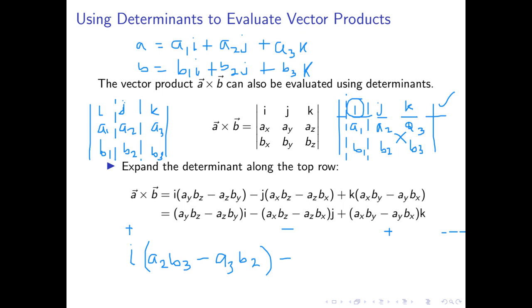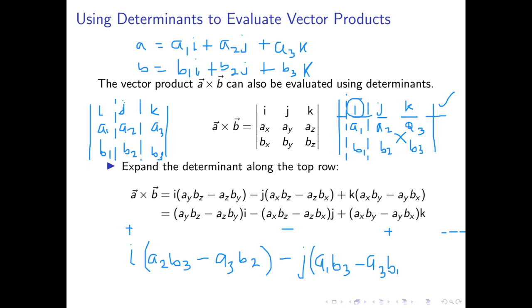So pay attention. Now we have picked J. Since we have closed the second column of J, we would then be dealing with A1 and B3. So it's A1 times B3 minus, we're dealing with A3 and B1, A3 and B1.